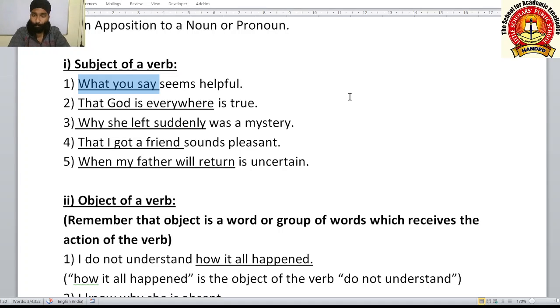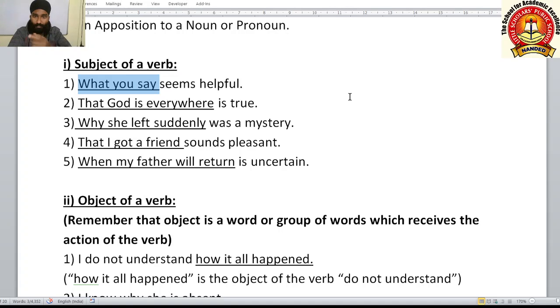What you say, your word seems helpful, or your pen seems helpful. Your pen is a noun here, so it is acting as the subject of this sentence.